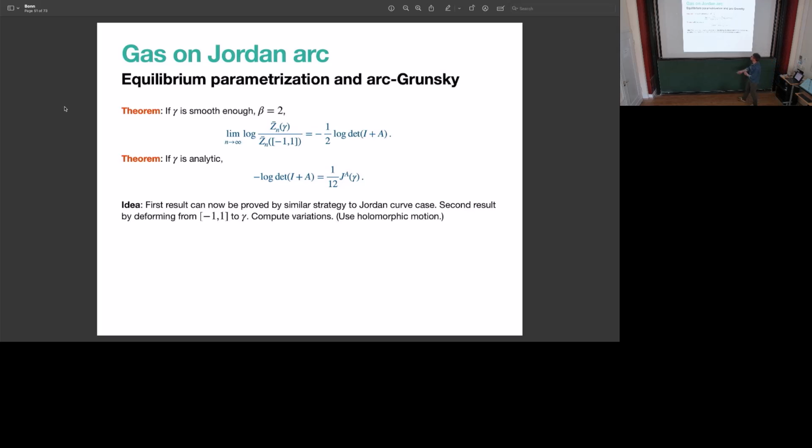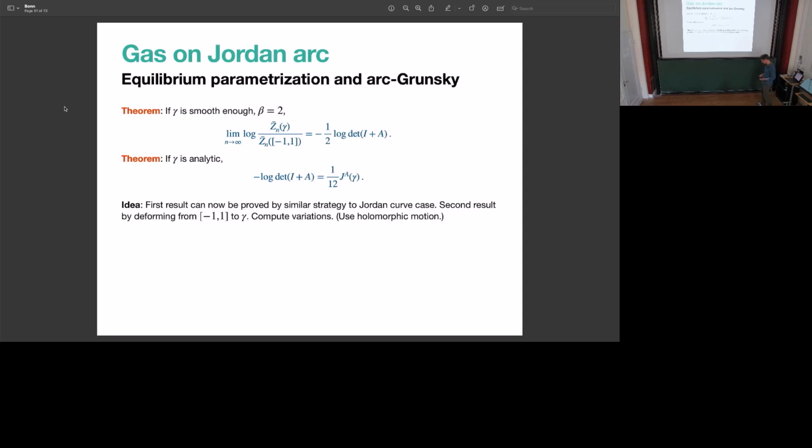And then for the second theorem, one computes the variations of both sides, basically check that they agree. But this is actually, especially the right-hand side is not so tricky because you have geometric things, but here you really start with this Grunsky operator.